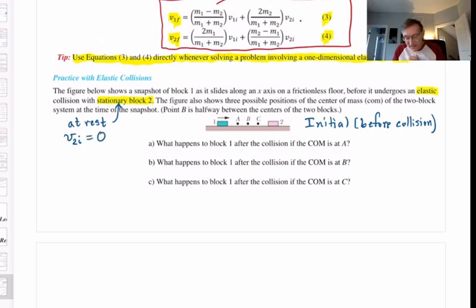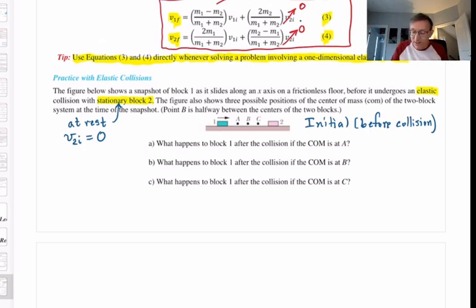And everywhere that symbol, V2 initial, appears in equations 3 and 4, which are going to be valid here, we get to put in 0. So we might as well go right up to equations 3 and 4, and everywhere you see V2 initial, put in 0. That's going to simplify equations 3 and 4 considerably.